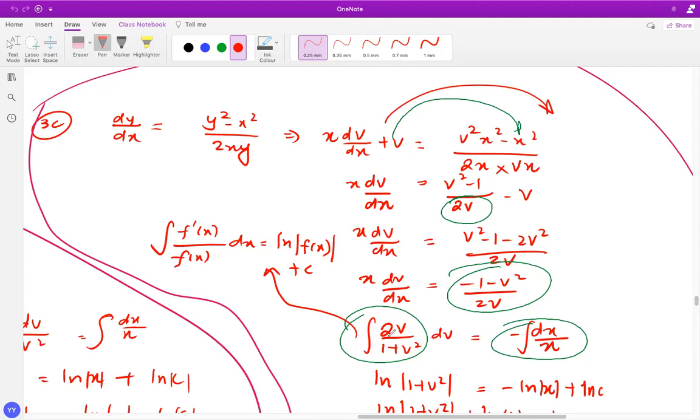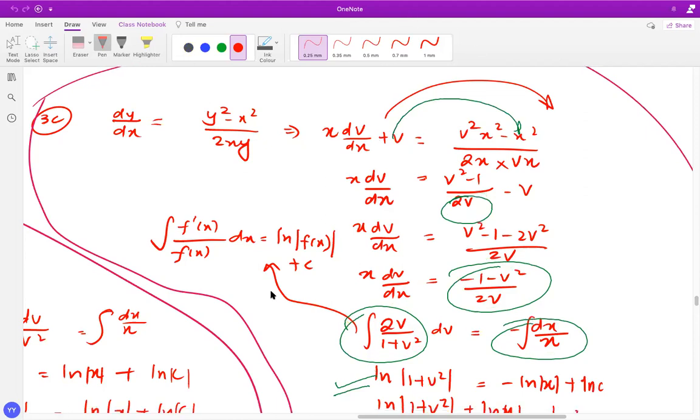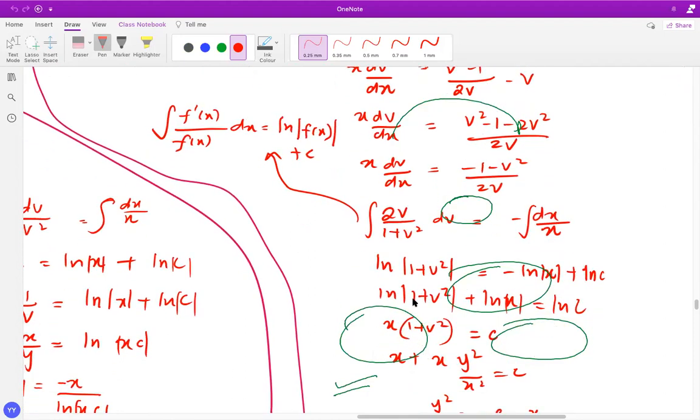When you integrate this, you do it by substitution, which gives ln of 1 plus v squared equals minus ln of the absolute value of x plus ln c. Then you get rid of the ln term, which gives you the final answer.